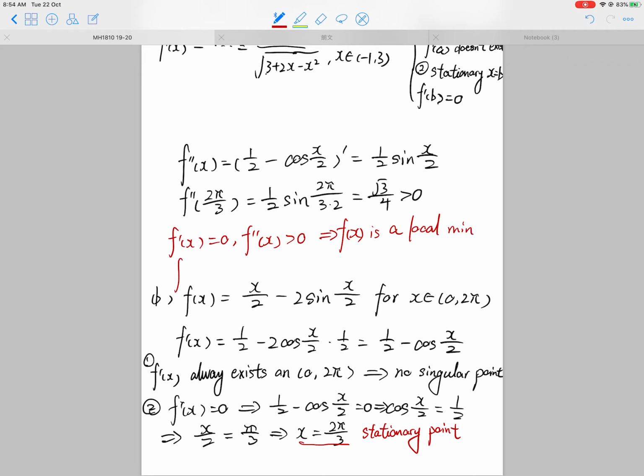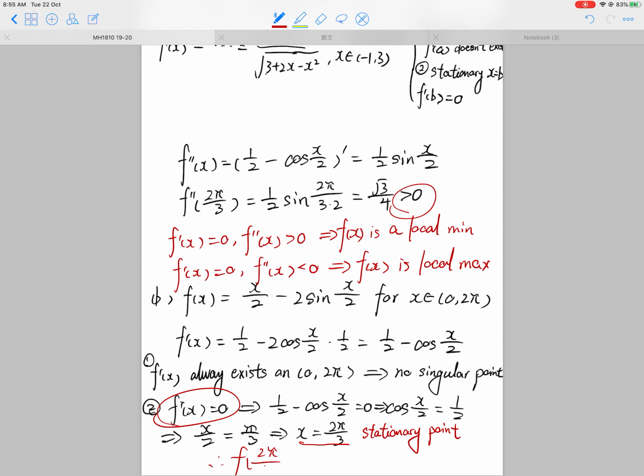If the first order derivative is 0 and the second order derivative is smaller than 0, then f is a local maximum. So here, the first order derivative is 0, the second order derivative is positive, so your conclusion is that f of 2 pi over 3 is a local minimum. Okay.